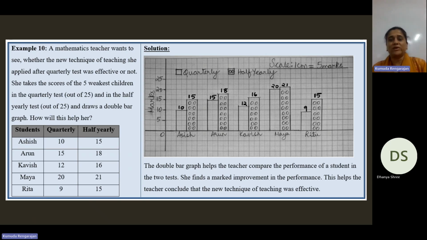Then when you come past 20 marks, you would have forgotten what happened earlier. You have to make a note. Okay, Ashish, improvement. Arun, no improvement. Kavish, yes. You'll have to write yes, no, and then count how many yes and how many no's. You get that? But graph? Good. That's a difference.